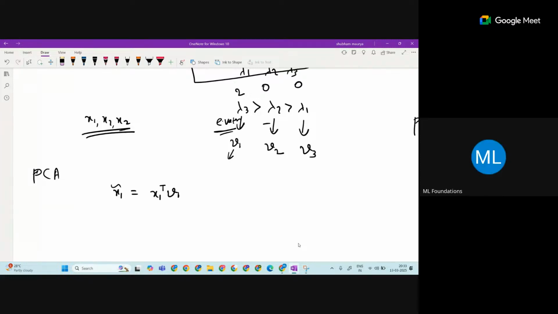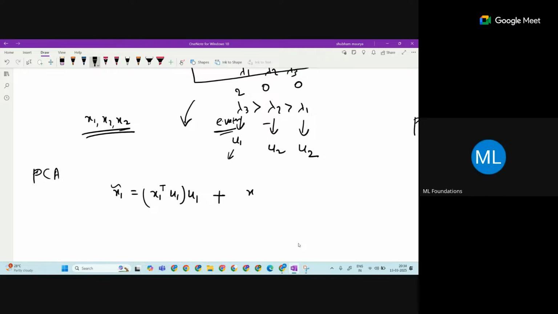Let me write the formula again, let's say U1, with sigma. Here we have only 3. My question is for this case only. It will be x1 transpose times U1 into U1, plus x bar transpose.